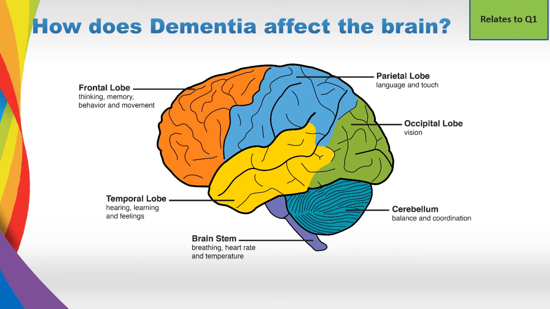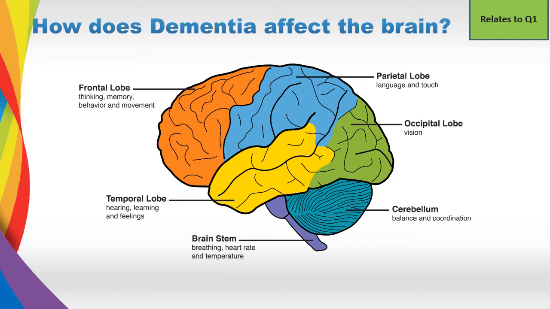So how does dementia affect the brain? Firstly, to understand how dementia could affect the brain, we need to understand how the brain works. Here we have a picture of the brain. The frontal lobe, let's begin with that, the orange part. The frontal lobe is at the front of your brain, so it's where your forehead is.